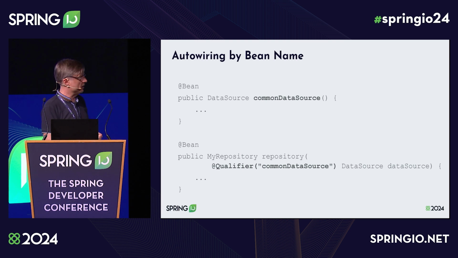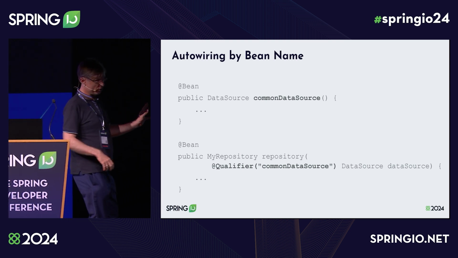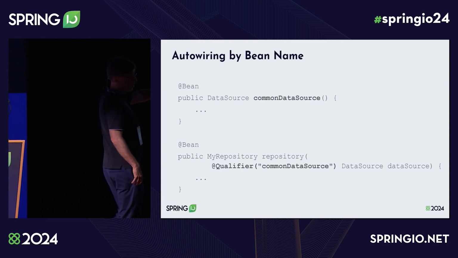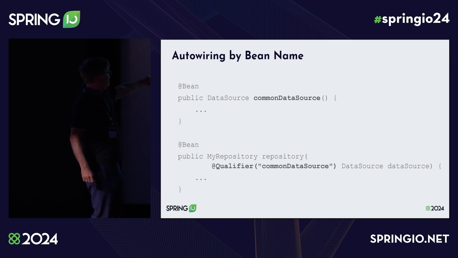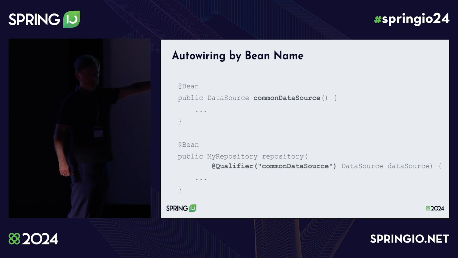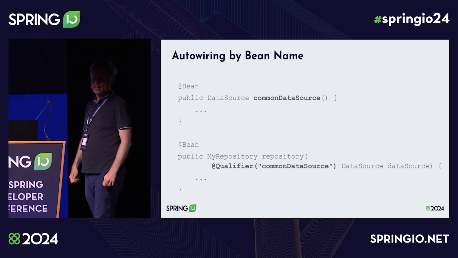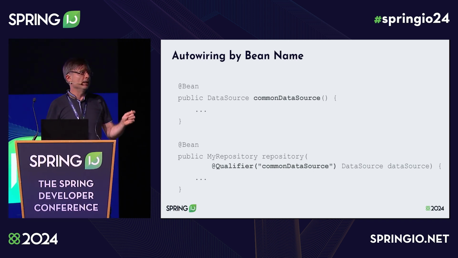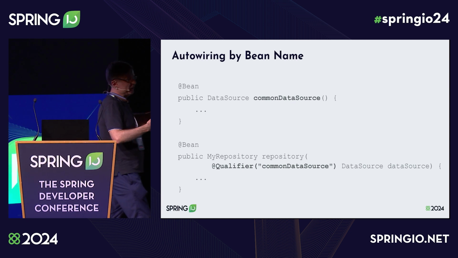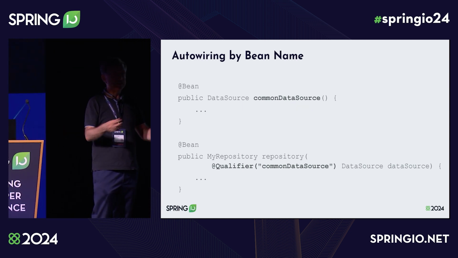A variation of this, it's actually not new, so this worked before. Instead of relying on the parameter name, you can add an explicit qualifier, @Qualifier with the target bean name. That worked before, but in the old version of the algorithm, it was the last step. It was this last resort.